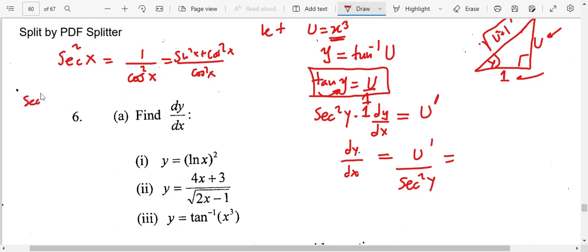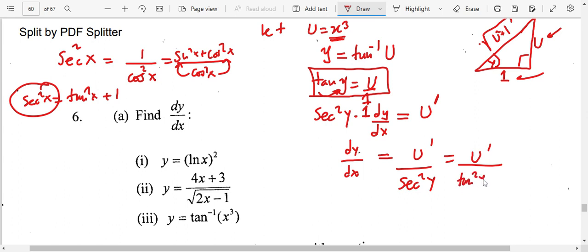So this means that sec squared x is going to be cos into sin, that is tan squared x, then cos into cos, that is a 1. So where there is sec squared x, I'm going to replace it with tan squared x plus 1, but in this case it's sec squared y, so this is going to be u prime divided by, where there is sec squared y, we're going to put tan squared y plus a 1.